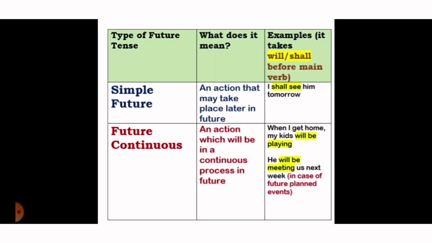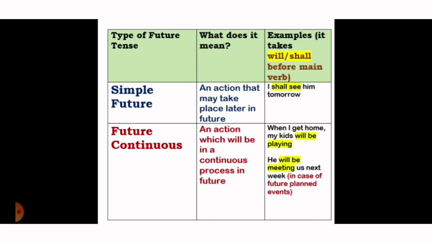Let's take another example so that you can understand even more clearly. He will be meeting us next week. In case of future planned events, that means we have planned something, an event maybe in the future time, we will use future continuous tense. The meeting of next week is a fixed plan, right?